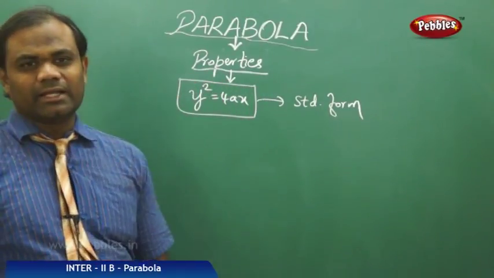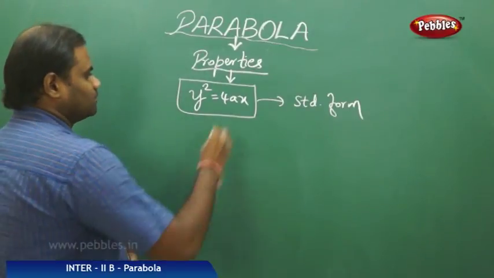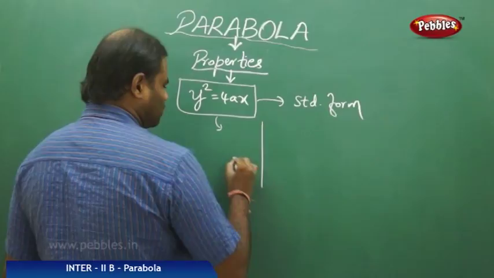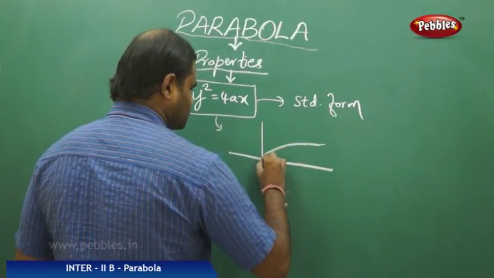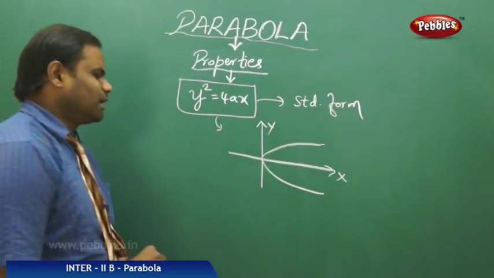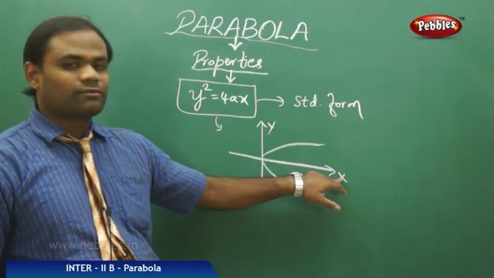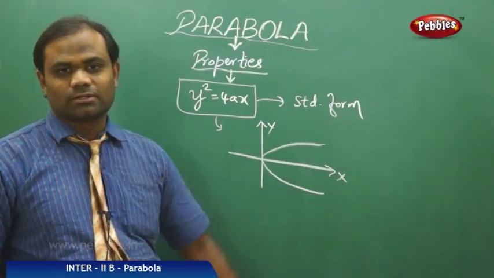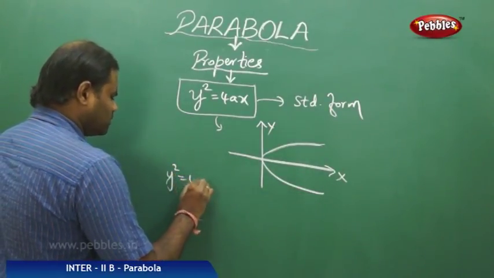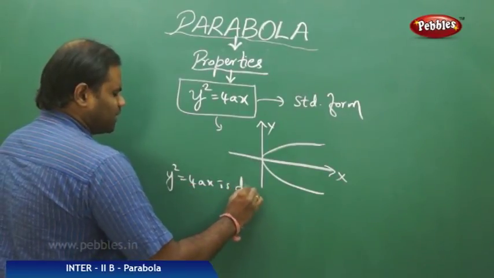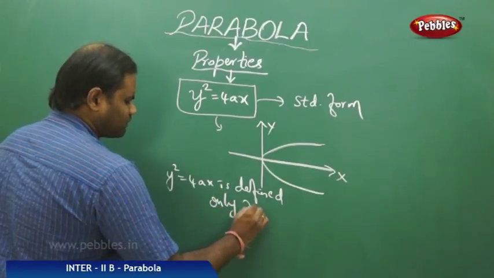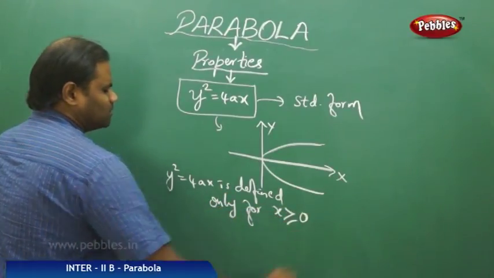Now with this, I clearly see that when I have this parabola in the form of x and y, each of the x values are positive and are not negative, because y squared equal to 4ax is defined only for x greater than or equal to 0.